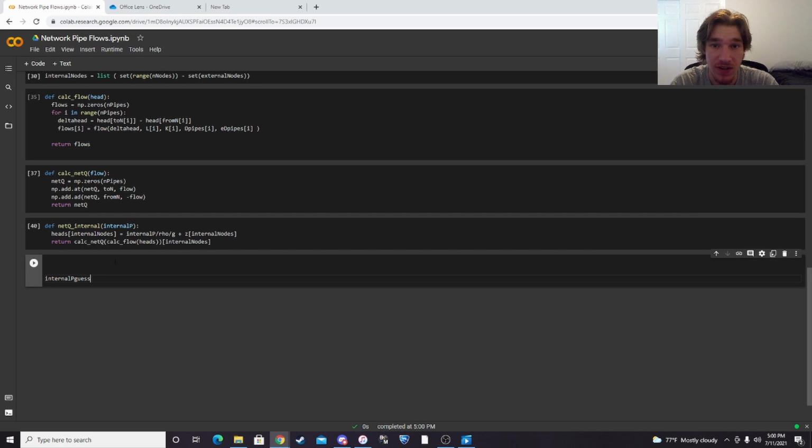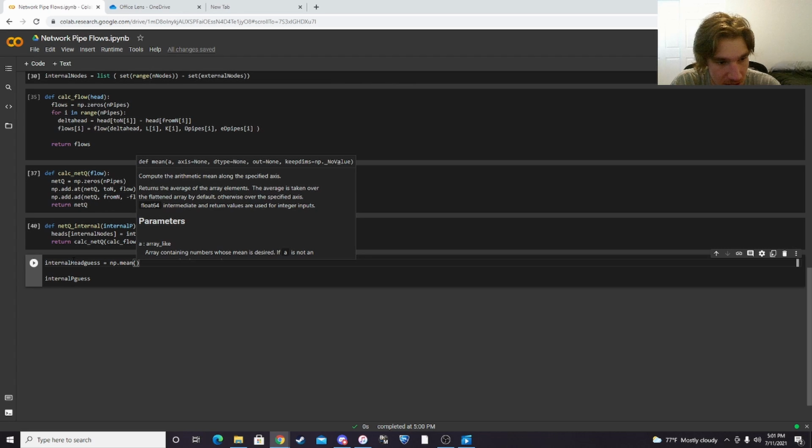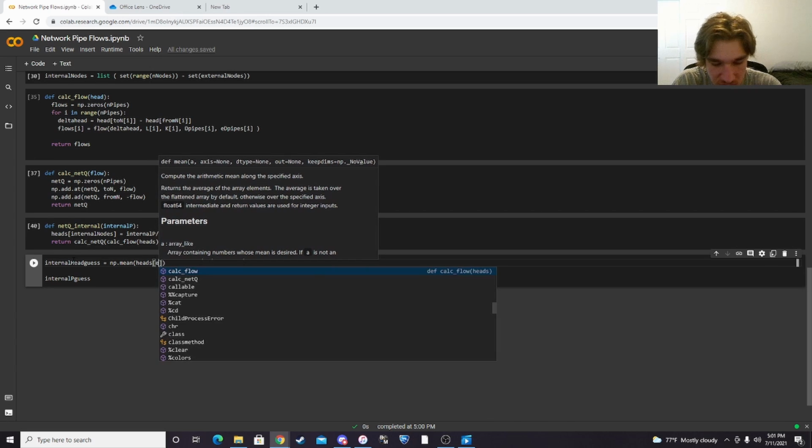But in order to find our internal P guess, we're going to first need to do an internal head guess. And what this is going to be equal to is the mean of the heads of the external nodes.